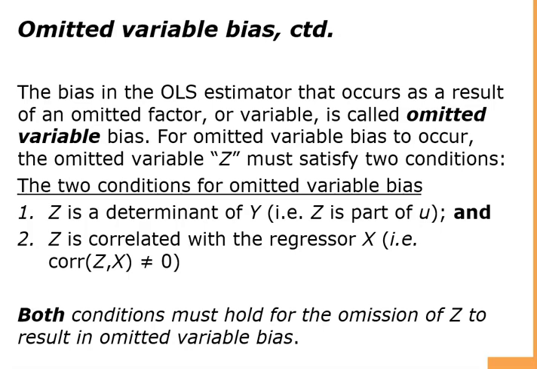And whenever any of the assumptions of the OLS model is not being satisfied, it means that the estimator of the regressor will not be the best possible estimator. So these are the two conditions which need to be satisfied for a variable to be thought of as causing omitted variable bias, and we will look at both of these with the help of a practical example in the next slide.